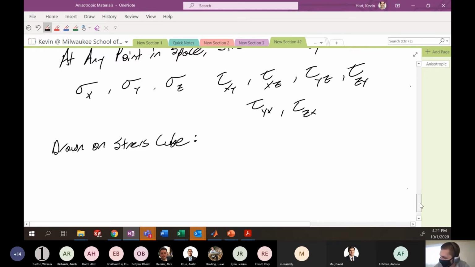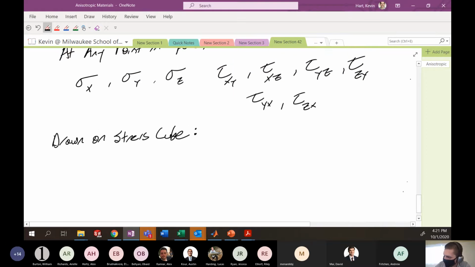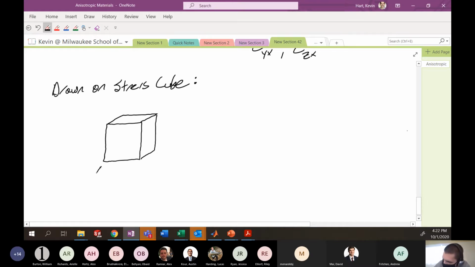Hopefully you saw this stress cube in your mechanics class. It's a representation of stress at a singular point with 3 mutually perpendicular planes, where each time you make a cut, you can calculate 1 normal stress and 2 shear stresses.